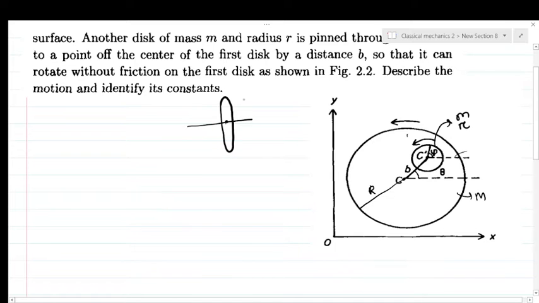This is the bigger one and a smaller one at a distance b that is fixed here, and both are rotating.